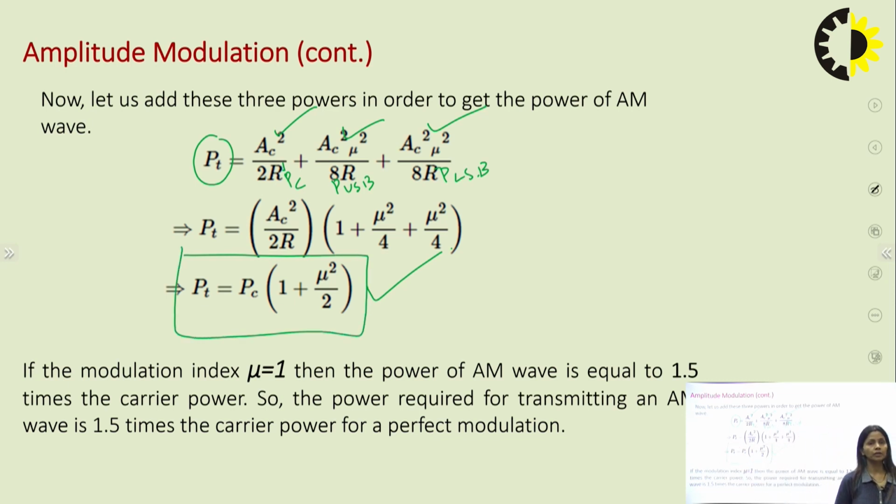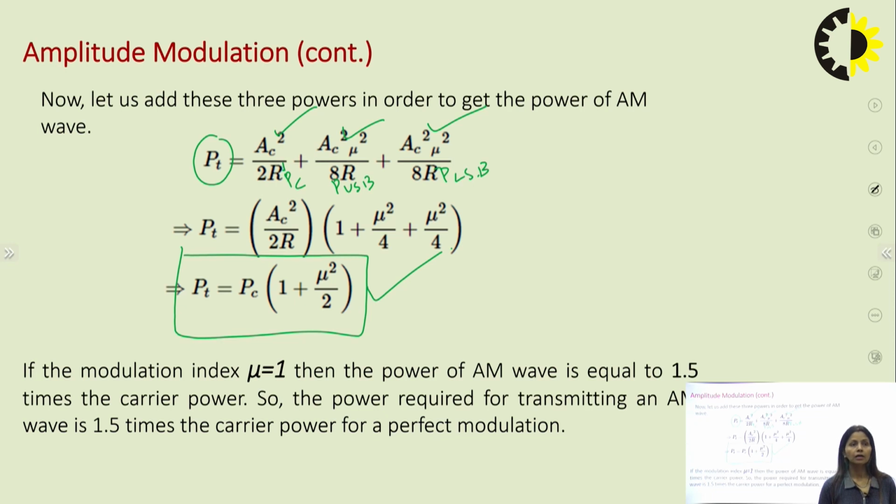This is a very important expression for an amplitude modulated wave. Okay, if mu is equal to 1, then obviously we are sending 3 by 2 times the power of the carrier as the total power. So it is a very important equation as far as the amplitude modulation is concerned.